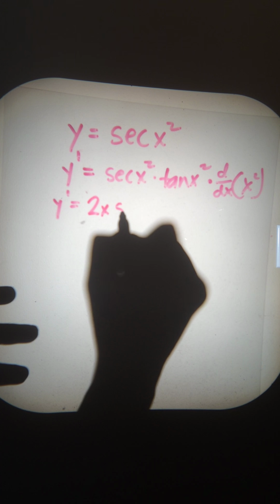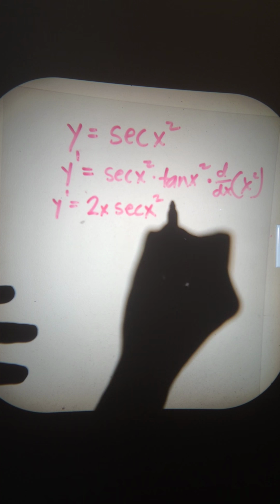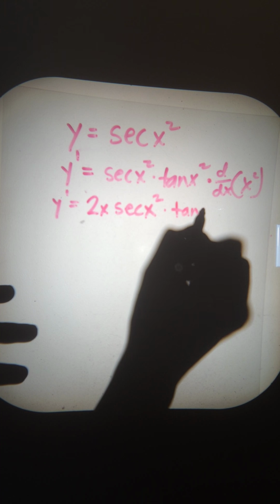Now, we would have to multiply by the derivative of the inner function, which is x squared. So times d over dx of x squared. Now y prime equals, what's the derivative of x squared? 2x. So I'm going to just put that in front here to save some extra steps. Okay, and there you have it.